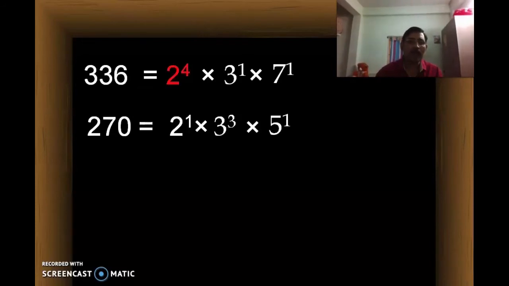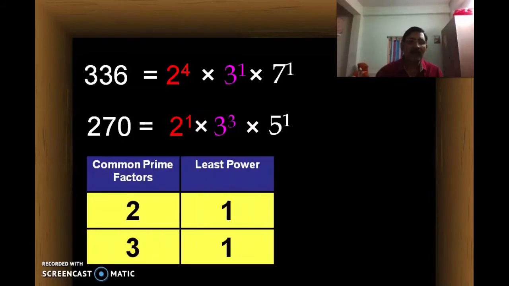Now, what is their HCF? For getting the HCF, first identify what are the common prime factors in both. Clearly we can observe that 2 and 3 are the common prime factors. Now, common prime factor 2, if we observe, 2 has powers. In the first number, the power of 2 is 4, and in the second number, the power of 2 is 1.